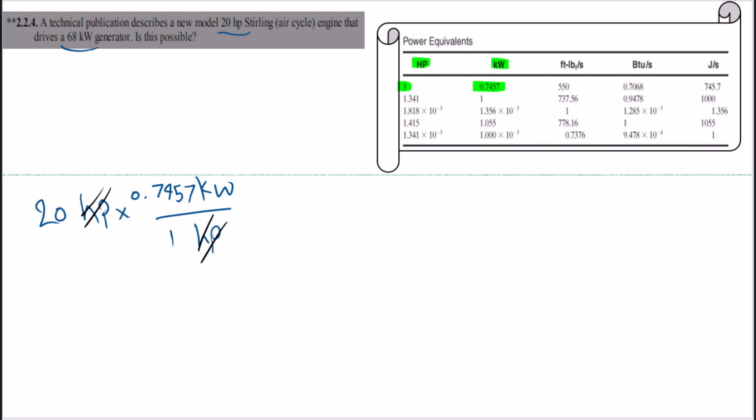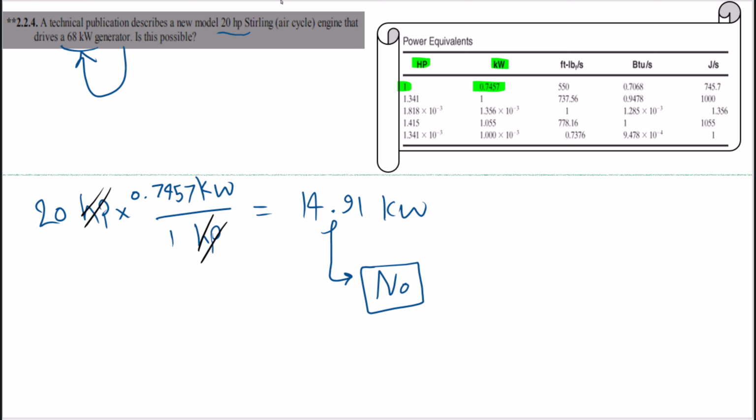Horsepower will be omitted, and the thing that remains will be 14.91. So is it possible or not? We say no. But why? Because it says that the generator is 68 kilowatt, but this is less than that. This is less than 68 kilowatt. With this calculation, we can say that we don't have enough power, even if we consider 100% efficiency. So the answer is no, it's not possible.